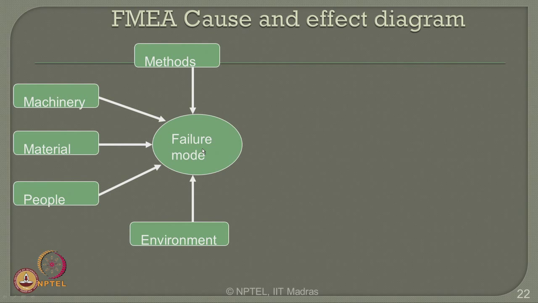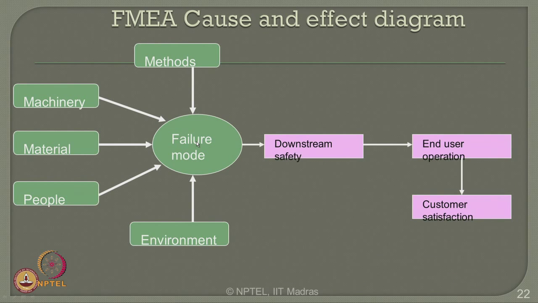What we identify as the failure modes of a given system arising from the components. Once it is identified, then it can lead to downstream safety, then it can result in end user operation, and ultimately the designed product should have a high level of customer satisfaction.